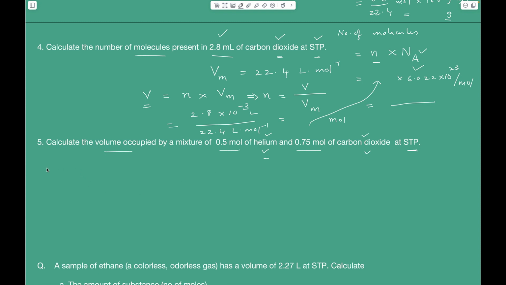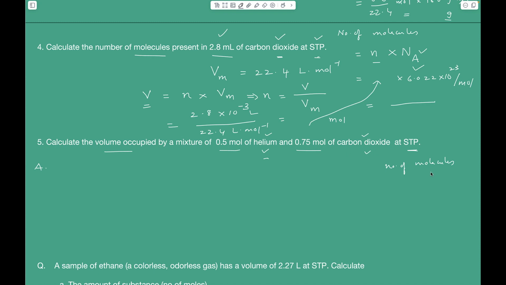Then how do we figure out the volume of this mixture? Remember, the volume of a gas at a given temperature and pressure depends only on the total number of particles or molecules, right? It does not depend on the mass of the particles, the chemical composition of the particles, and nothing else.